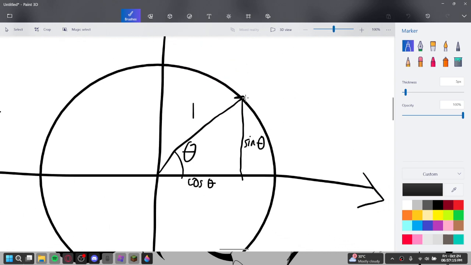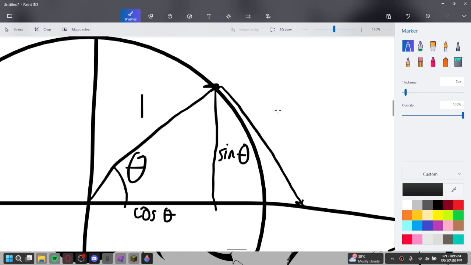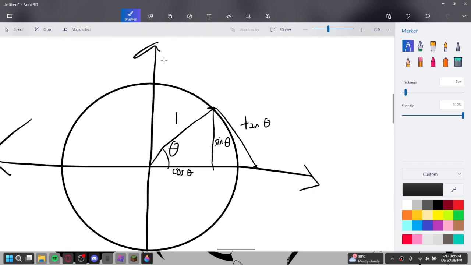This length here, tangent to a point on the circle, the length from this point on the circle to the x-axis, is a line segment. It's tangent to the circle. This is just the tangent of theta. Alright, this is a tangent line, obviously.